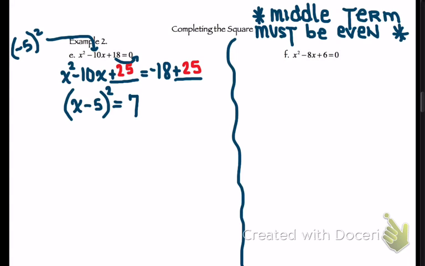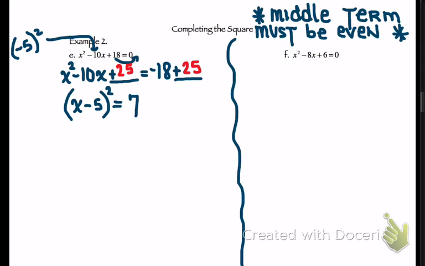The advice that I will give you from here: as long as you complete the square properly, this negative 5 right here will always be the same as this negative 5 right here. Whenever you complete the square and factor that, that number should always be the same. And then what I did is I added negative 18 and positive 25 to get 7.